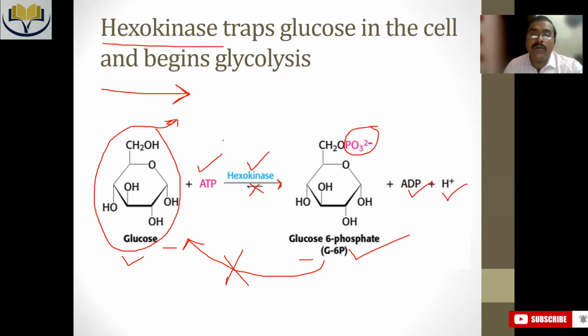So the first thing is to trap the glucose inside the cell. For trapping glucose inside the cell, it requires a tagging. Tagging of what? Tagging of phosphate. Phosphate comes from ATP. That is why energy is being utilized in this reaction.